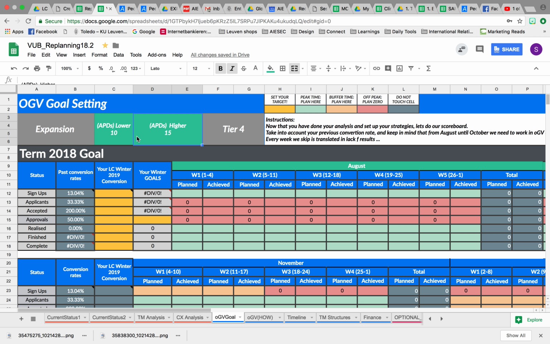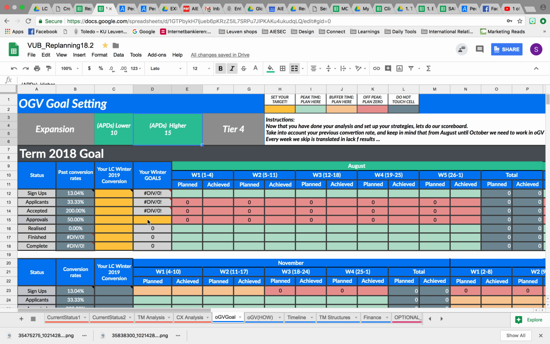And as you can see for VUB, for example, we are recommending that for winter peak, they plan not lower than 10 approvals, but also not higher than 15 approvals. So each time the frame that we are suggesting is ambitious yet achievable and realistic. So you already know that you need to pick a number basically between 10 and 15.